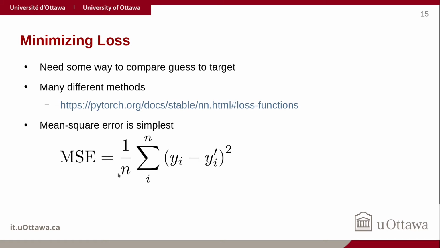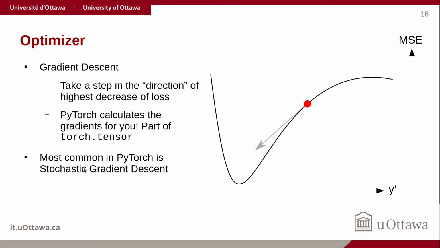So if y equals exactly y prime, then this becomes 0 and your error is 0. So you're trying to minimize this. And the minimizing is done by the optimizer. And the optimizer uses some form of gradient descent. So gradient descent means, if this is a plot of your mean square error as a function of y prime, then the minimum is where your mean square error is the lowest.